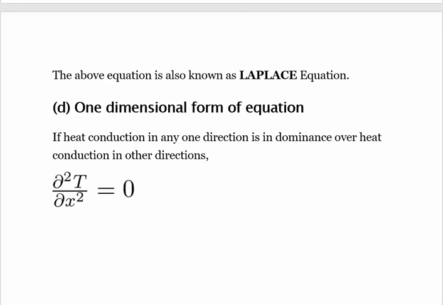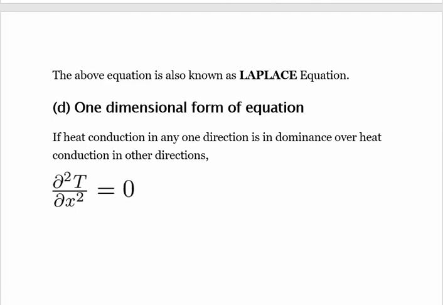Last but not least is the one-directional form of the equation, in which we don't have the y or z direction, or similarly we take the y direction and neglect x and z, or the z direction, neglecting x and y. If heat conduction in any one direction is dominant over heat conduction in the other directions, then the complete equation gets reduced to the double differentiation of the temperature with respect to x, y or z direction being equal to 0.